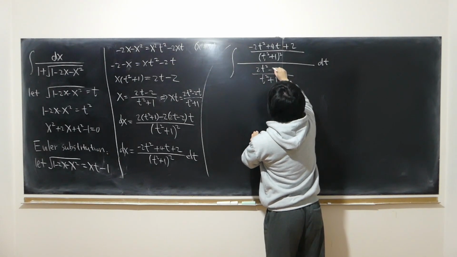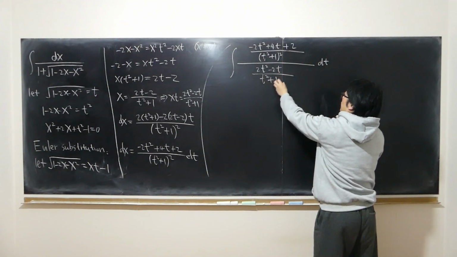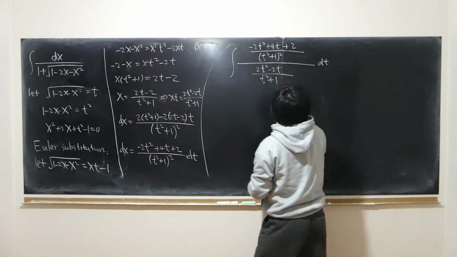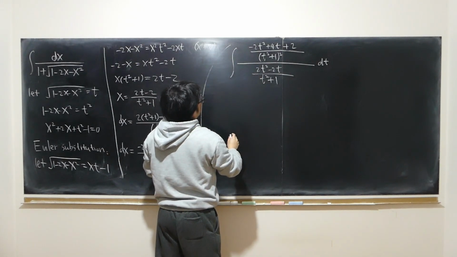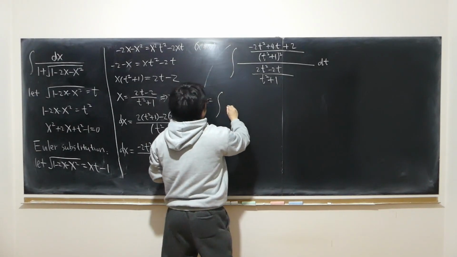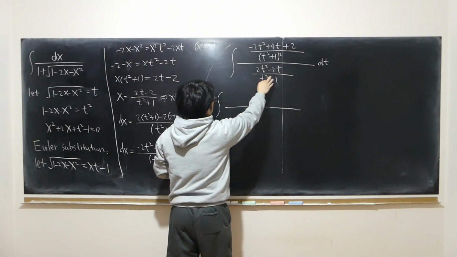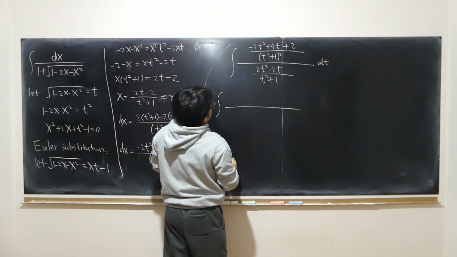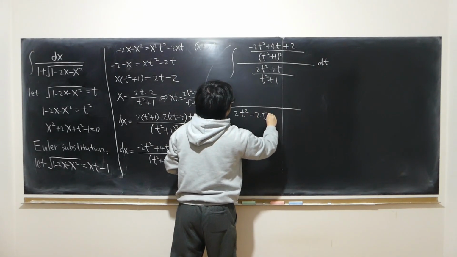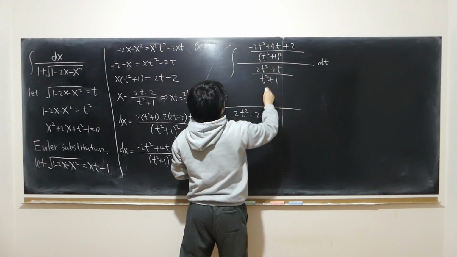Simply, we can cancel out this t squared plus 1. We're only left with one of them. So at the denominator, all I have is 2t squared minus 2t, and of the t squared plus 1 squared, I'm only left with one of them.